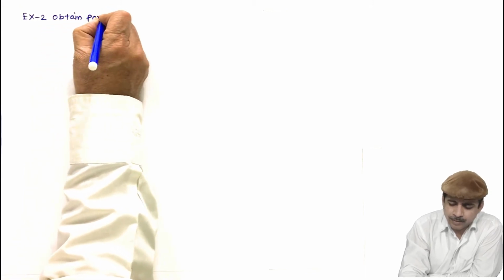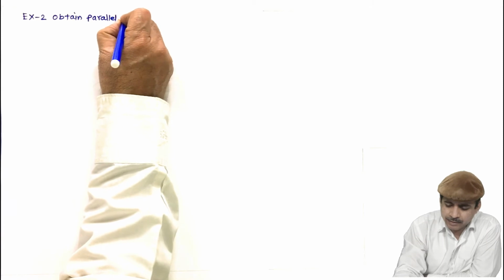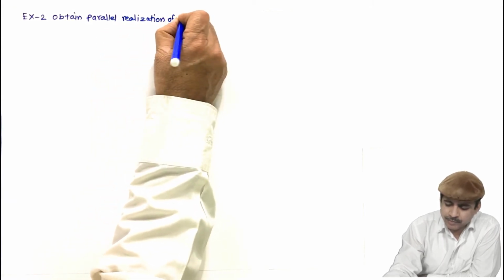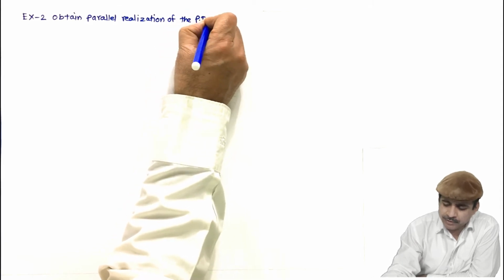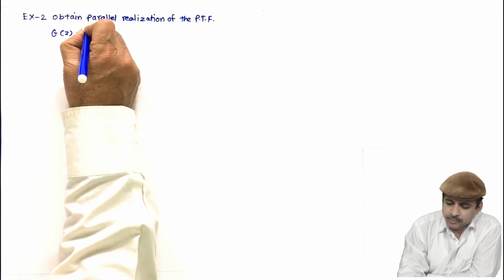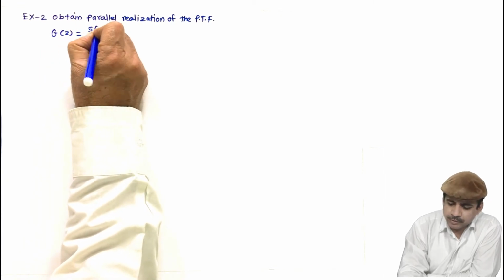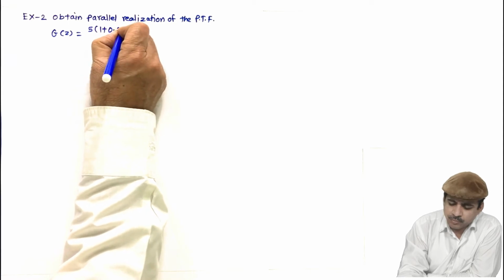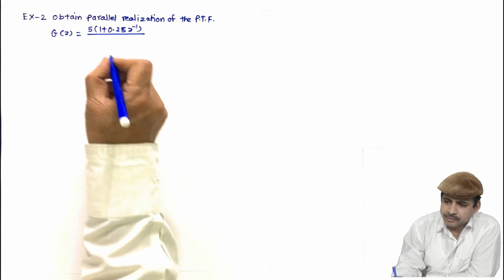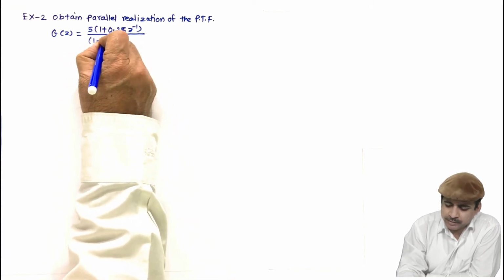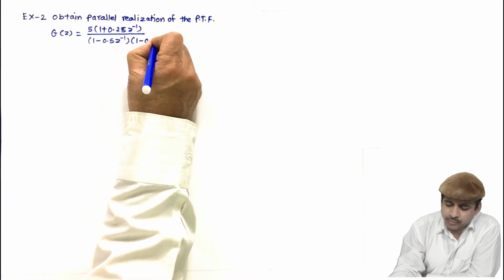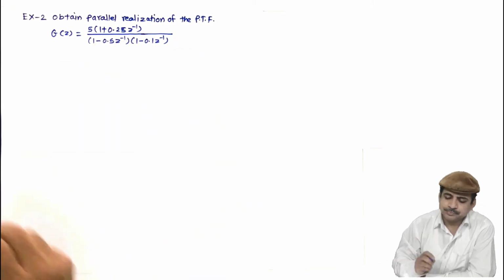Obtain parallel realization of the pulse transfer function g of z equal to 5 into 1 plus 0.25 z raised to minus 1 upon 1 minus 0.5 z raised to minus 1 into 1 minus 0.1 z raised to minus 1.